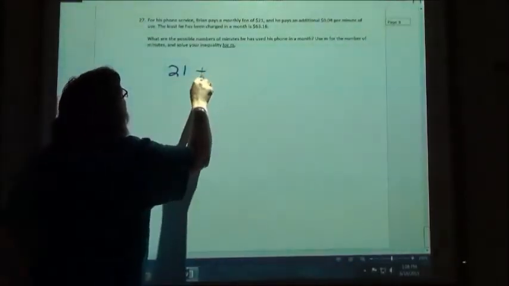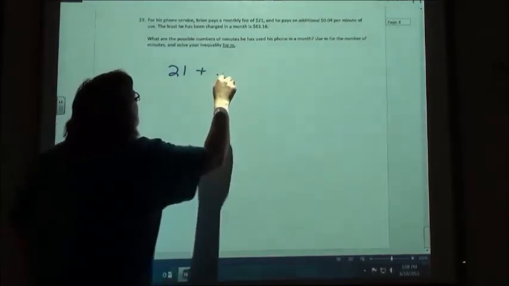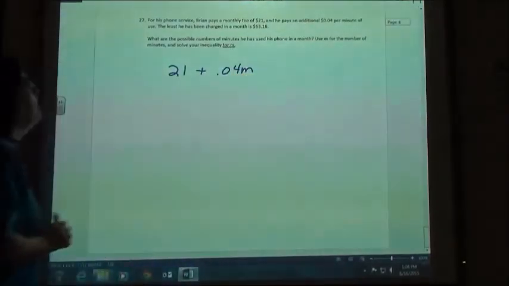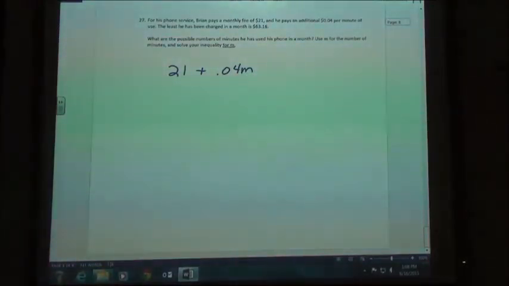And the last one. For his phone service, Brian pays a monthly fee of $21. He pays an additional 4 cents per minute of use. The least he has been charged in a month is $63.16. So, what would my inequality be to represent that? 21 plus 0.04m.